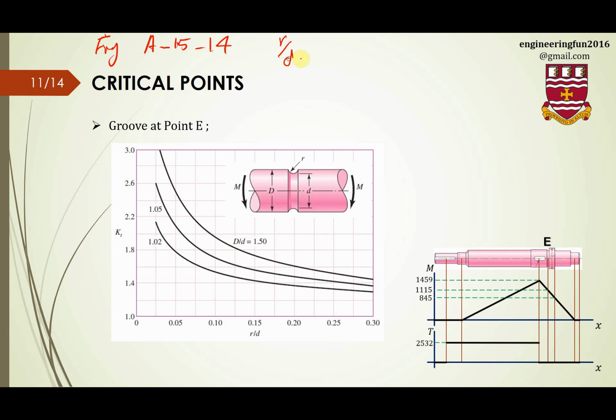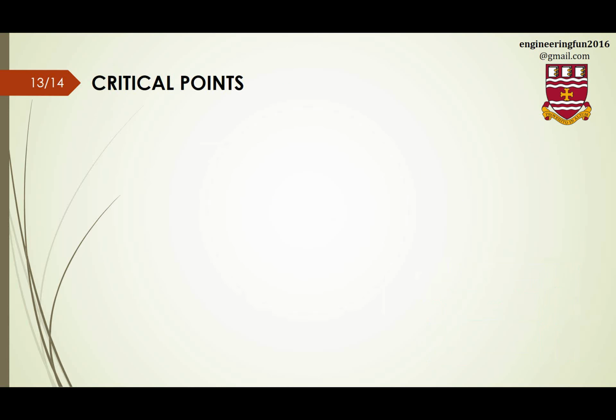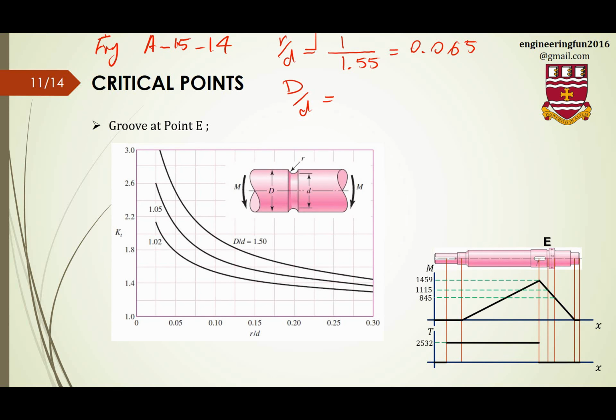So what we can do here, we can say r over d, the radius of the fillet is 1, and this is 1.55, so this will be 0.65, and D over d will be 1.75 over 1.55, and that will be 1.13.